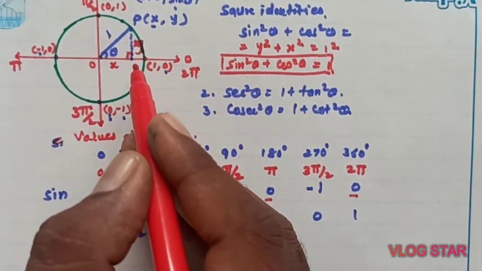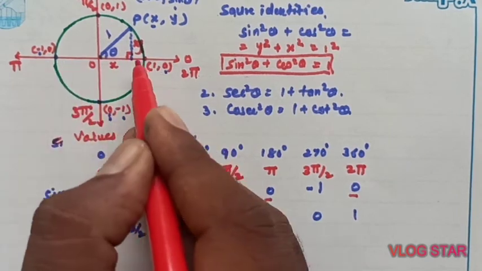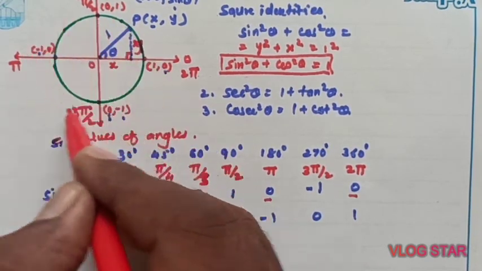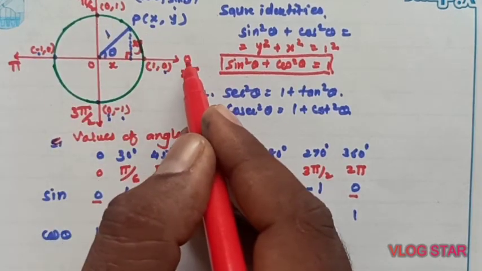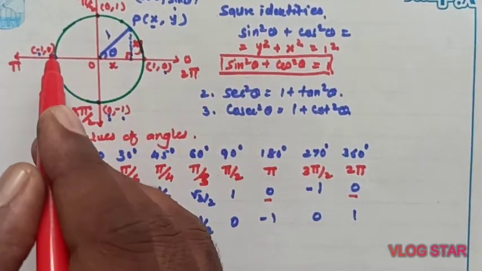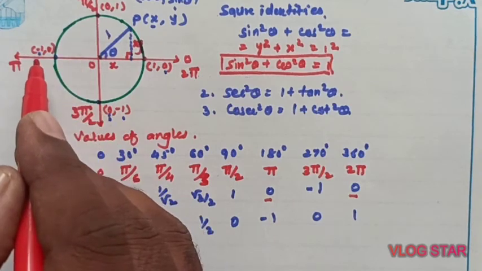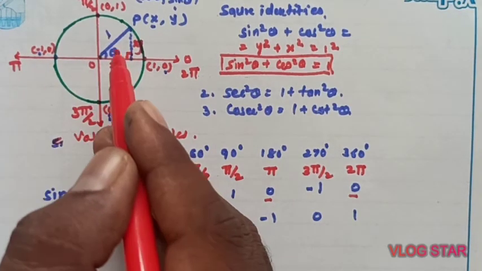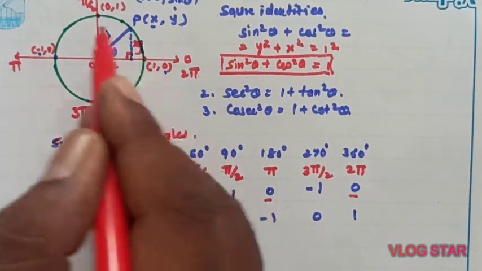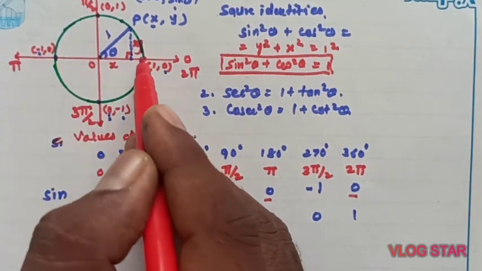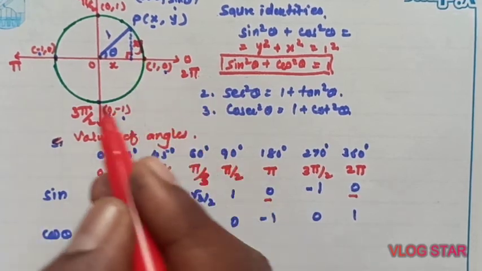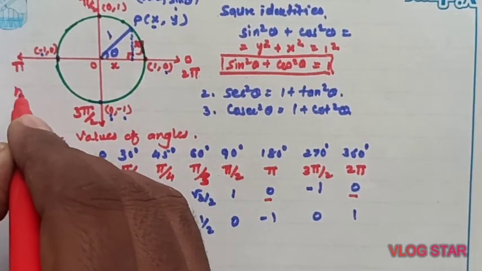So in general, what do we call these two sides? Here is 0, after that 2 pi, then 4 pi, 6 pi, all even multiples of pi are on this side, and all odd multiples of pi are here: 1 pi, then after one rotation 3 pi, 5 pi, 7 pi.